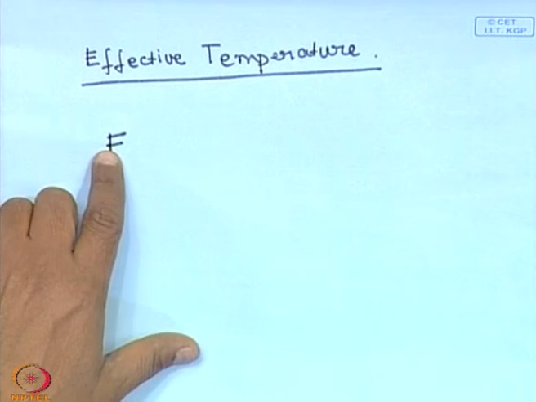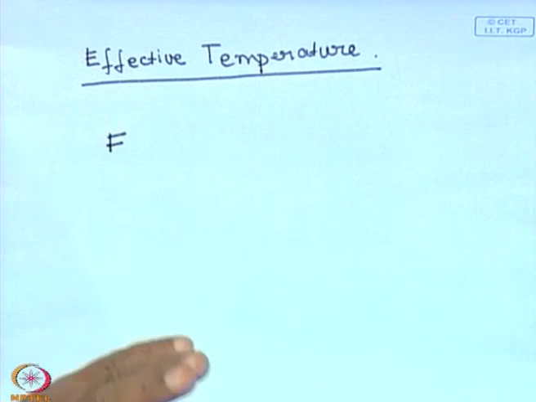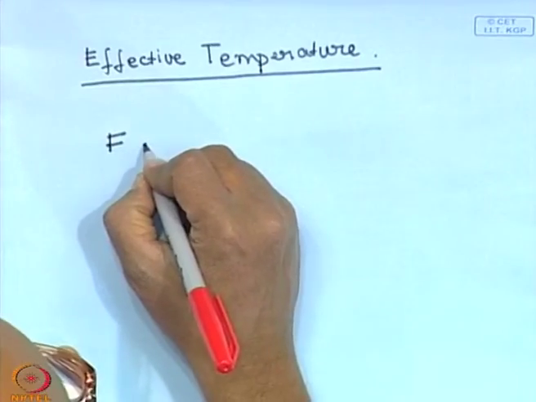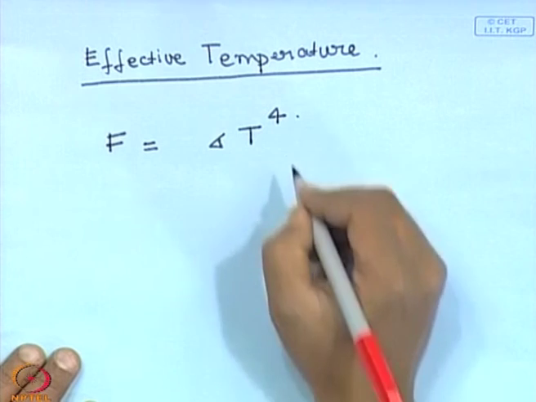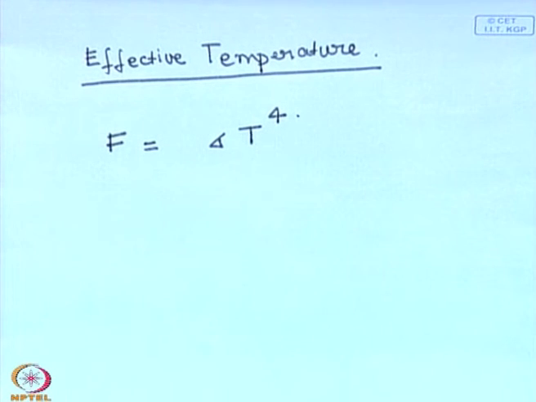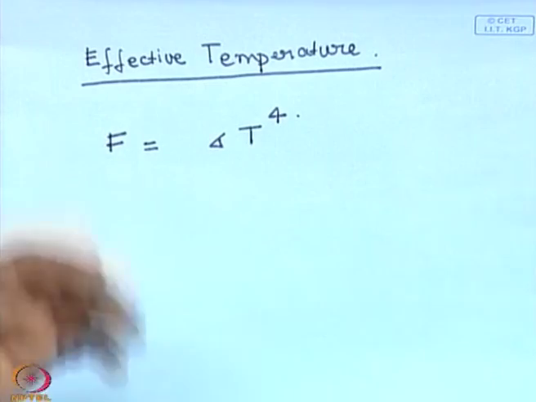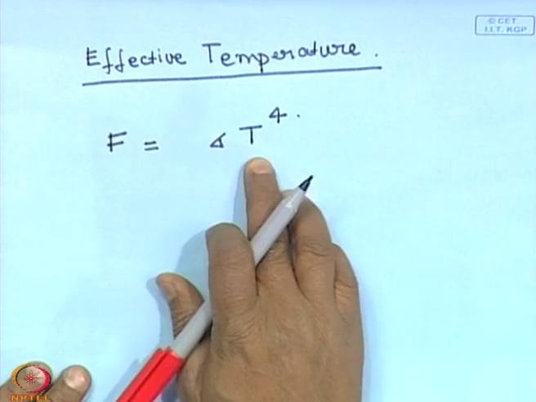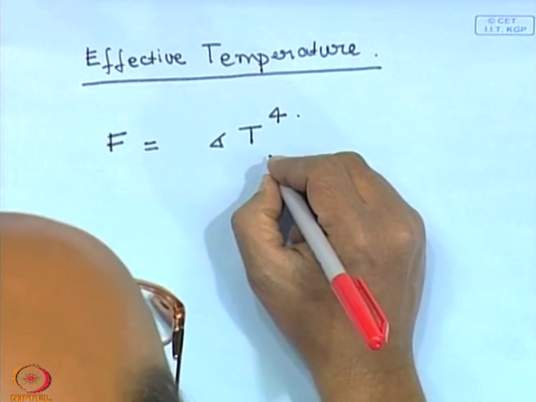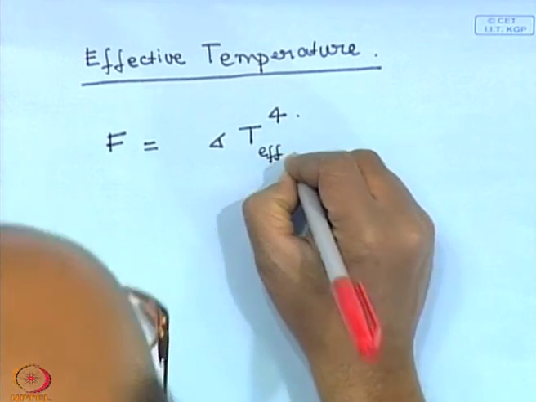This is the flux emitted per area of that source, and we know that if it is a black body, this will be sigma T to the power 4. So, if I can measure the flux that comes per unit area of that source, for example, the sun, I know its radius, so I can determine the area, and if I know how much energy is being emitted per unit area of the sun, then I can equate it to sigma T to the power 4, and this is what is called the effective temperature.